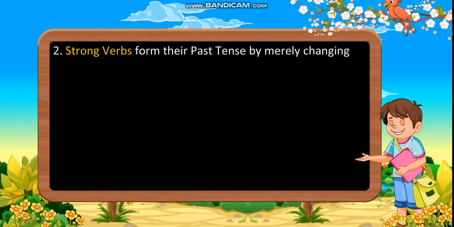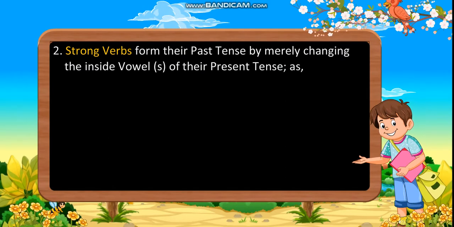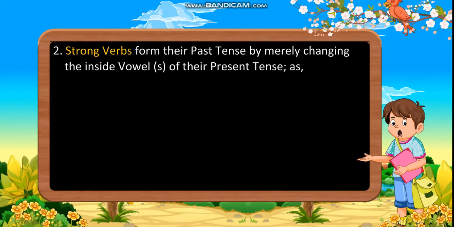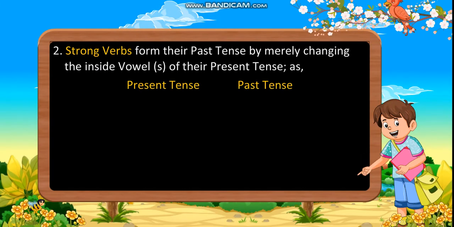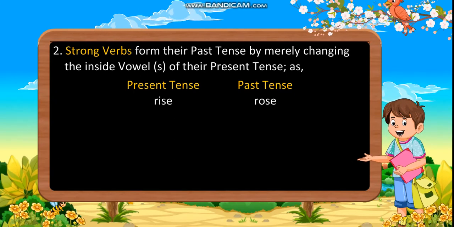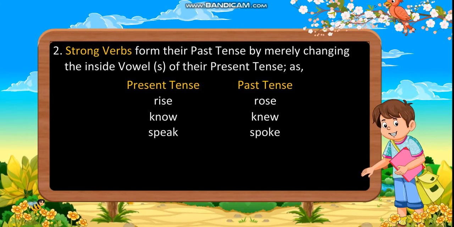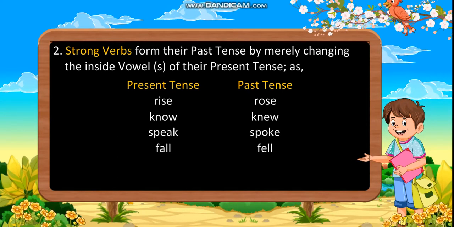Strong verbs form their past tense by merely changing the inside vowels of their present tense. Present tense, past tense: rise, rose; know, knew; speak, spoke; fall, fell.